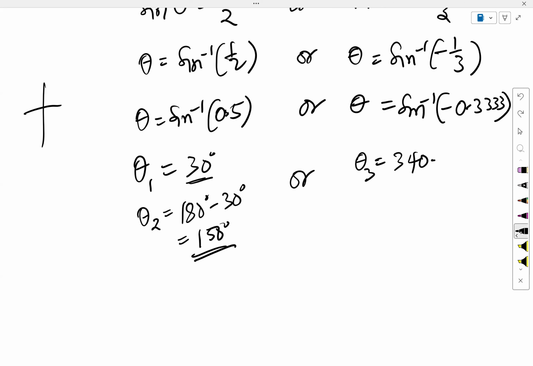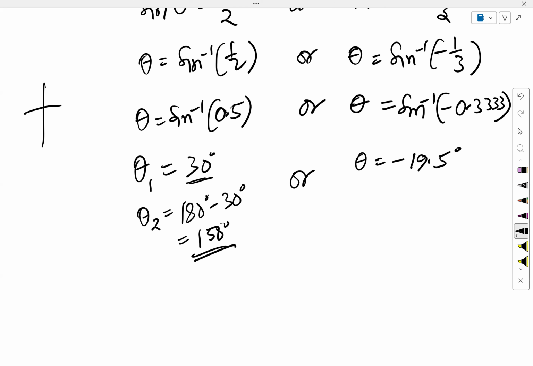That is like 19 point... let me just put it at 19.5. Okay, you know what? Here we already know the answer is going to be in the third quadrant, right? So this is going to be minus 19.5 degrees.